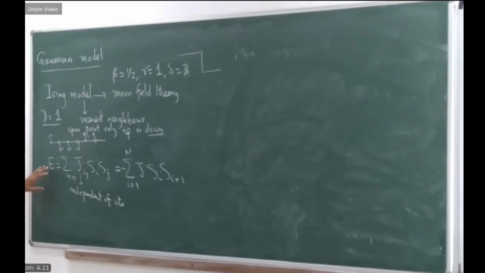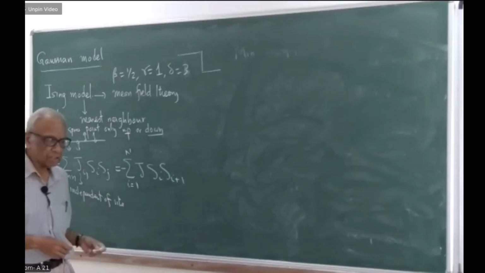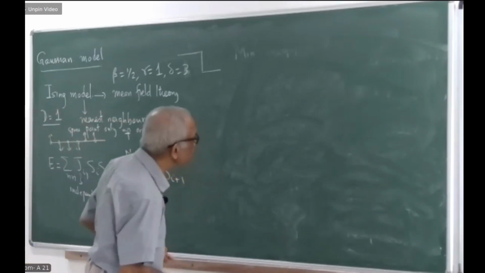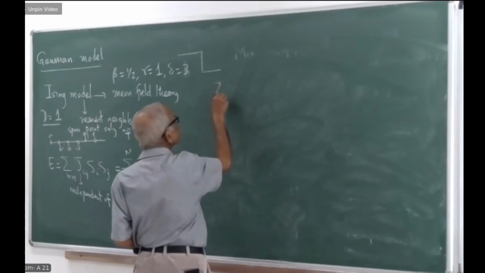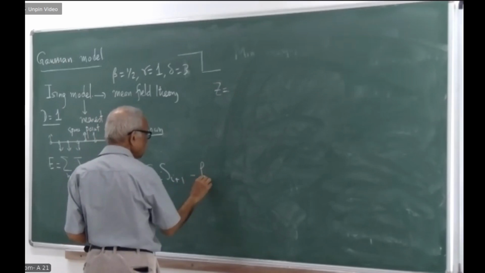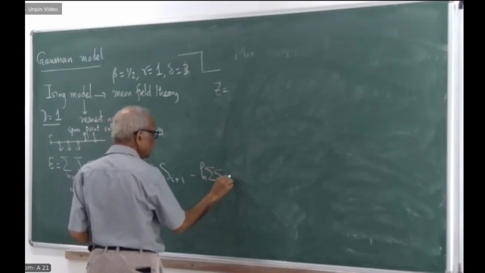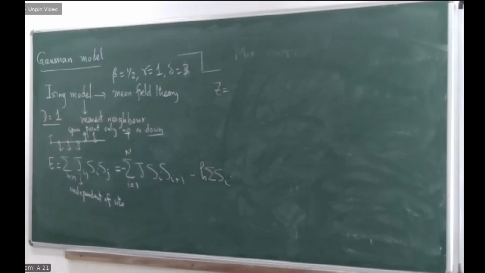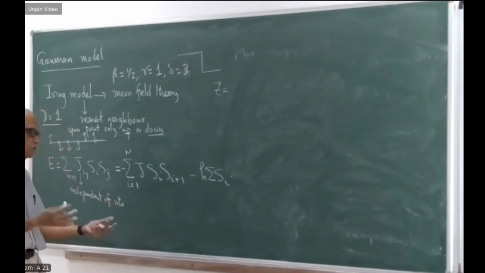So here is the nearest neighbor Ising model along a line, and I need to evaluate the partition function in an external field. You add on an external field so that you can control the susceptibility, and so on.